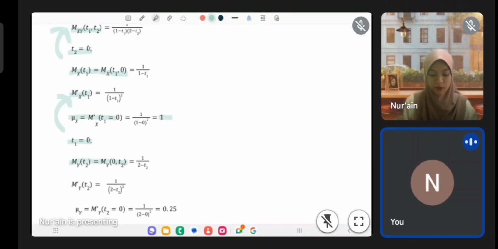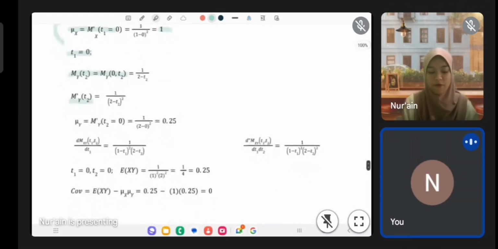After that, we differentiate with respect to t2, and to find the mean value of Y, we substitute t2 equal to 0 into this equation, and we get 0.25. After we obtain the mean value of X and the mean value of Y, we find the mean value of XY.